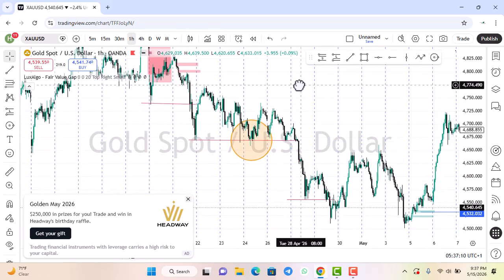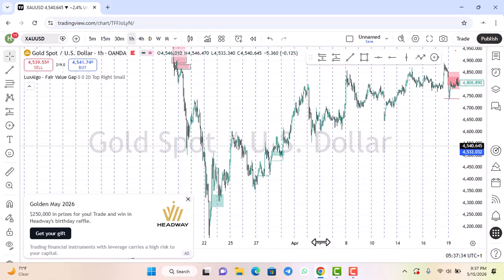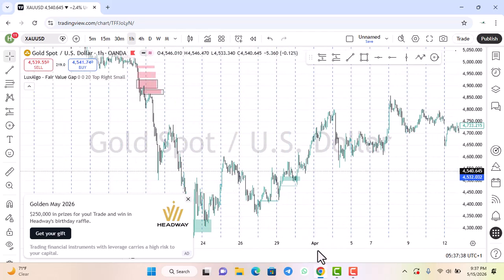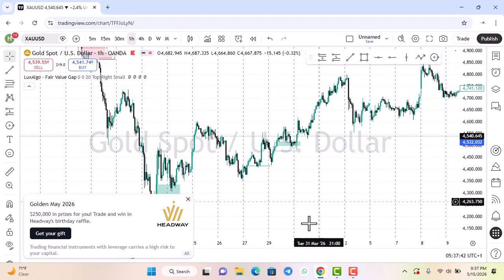So let's look at an uptrend. Okay, this is a very clean uptrend. We are on the 1 hour time frame. Look at this very clean uptrend, right?